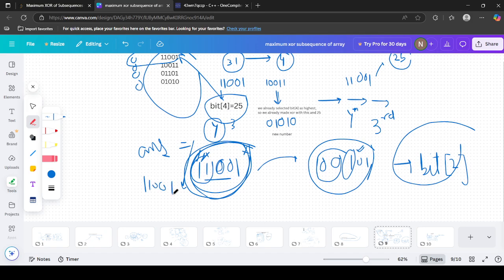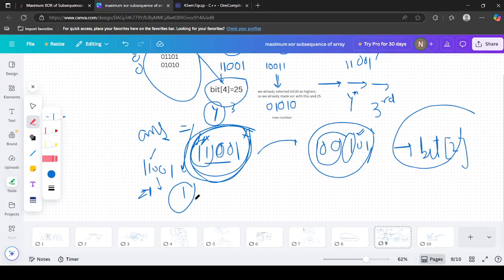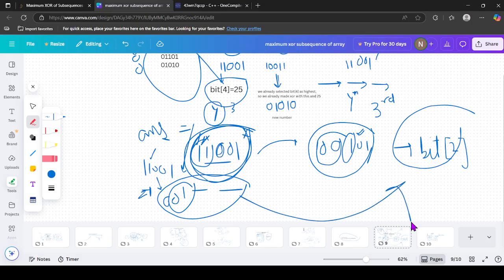We will not consider the number where this bit is already set. We will consider only the number where this bit is 1, because we already discussed that there will be only one number with that bit set. So which will be simply 001, and the rest are don't care. So this is the number we want, which is exactly bit of 2. So when we are traversing through a given number, when we get a bit as set, we'll simply break.